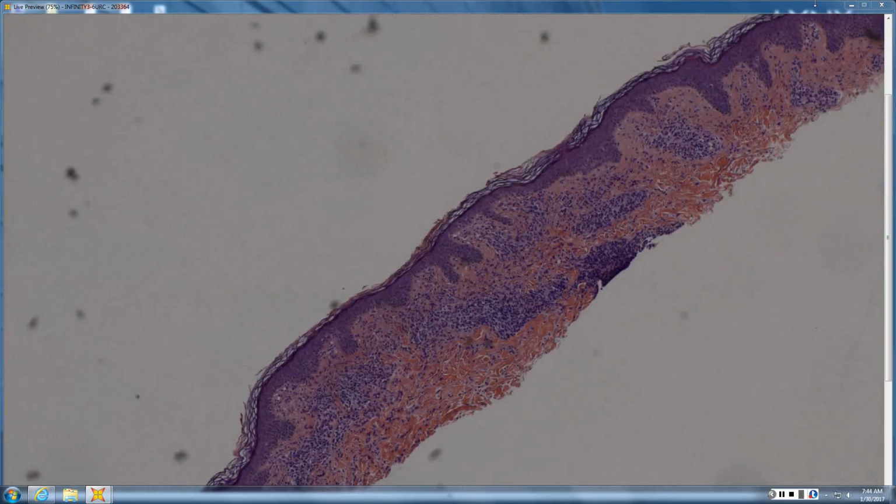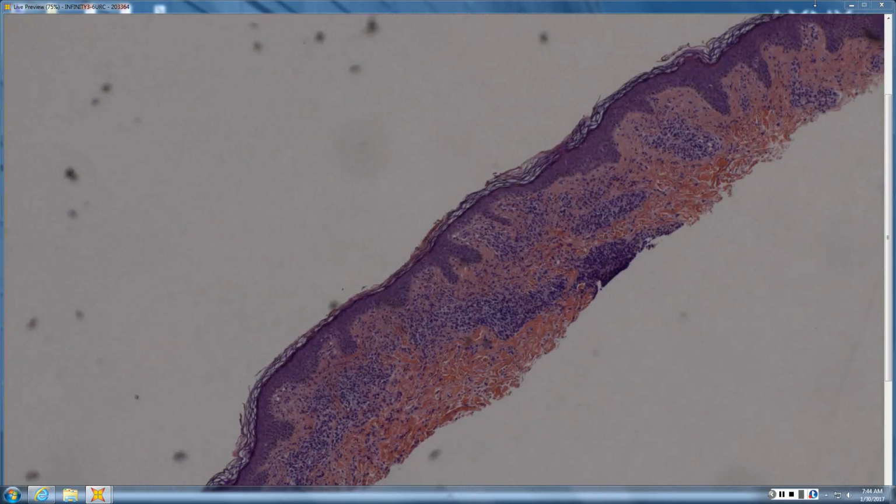Alright, so it looks like there's a dermal infiltrate. And where is the dermal infiltrate? It's a little deeper. A little deeper, and is it concentrated around anything?